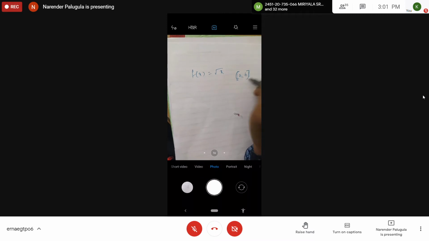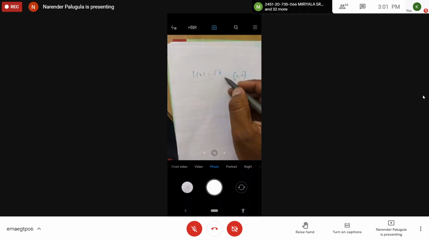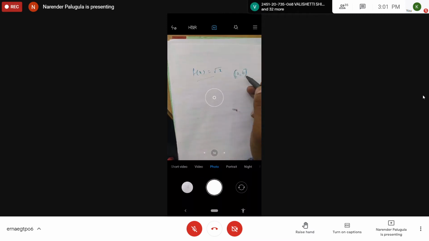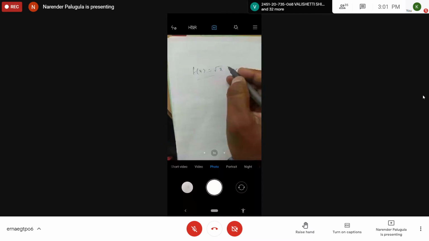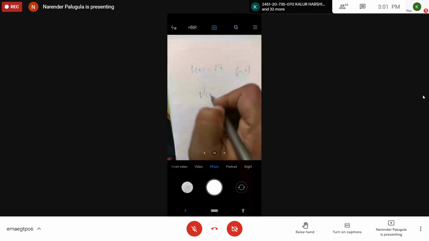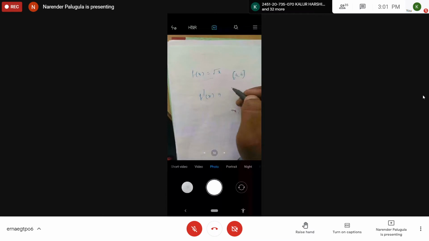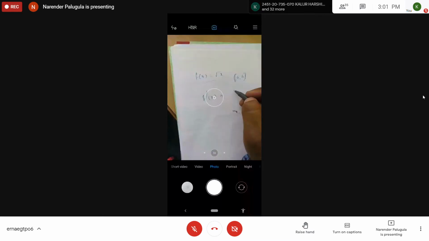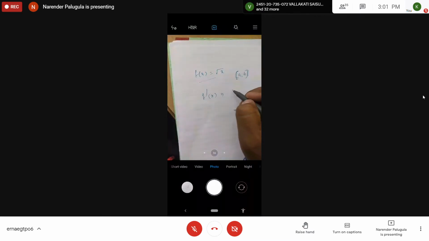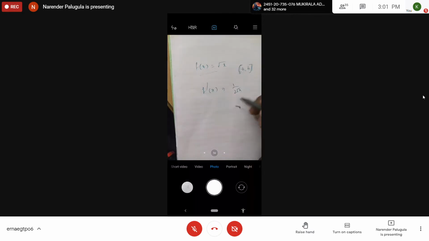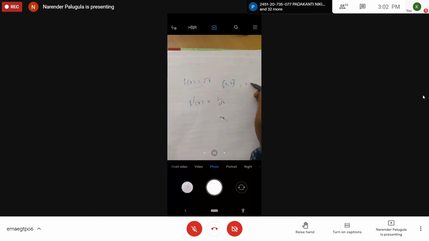So verify Lagrange's theorem for the function root x on the interval ab. Okay, same procedure. First find the derivative f dash x. What is the derivative of root x? 1 by 2 root x. Now what is the nature of this value? Is it finite or not in this interval? Same, where a and b both are positive.